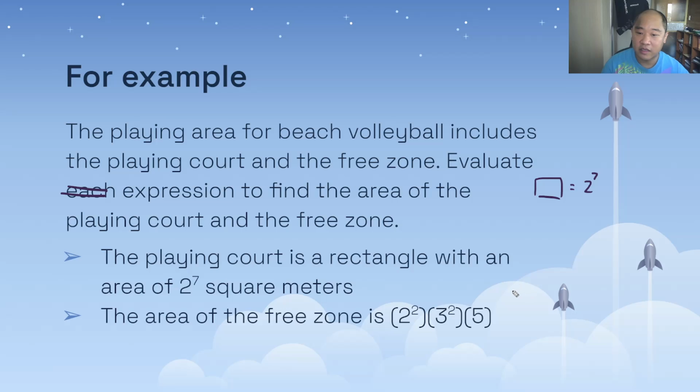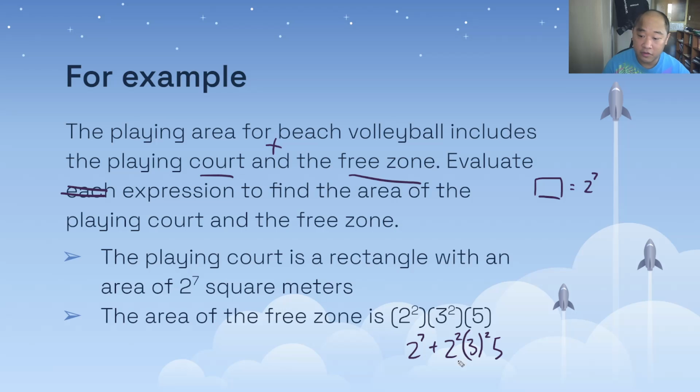And then there is a free zone that is 2 squared times 3 squared times 5. And the playing area is the court and free zone, right? And is a plus sign. So 2 to the 7th plus 2 squared times 3 squared times 5.